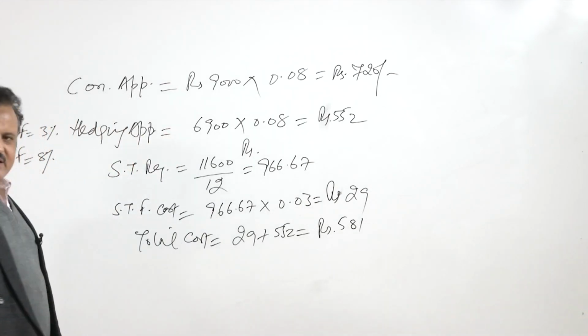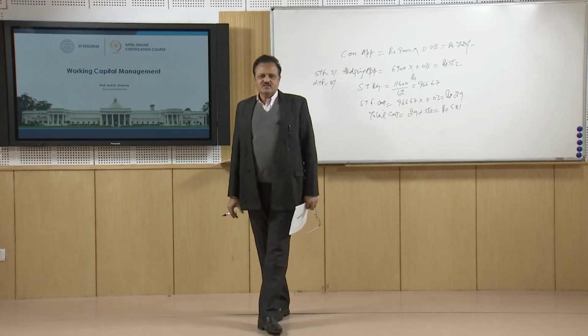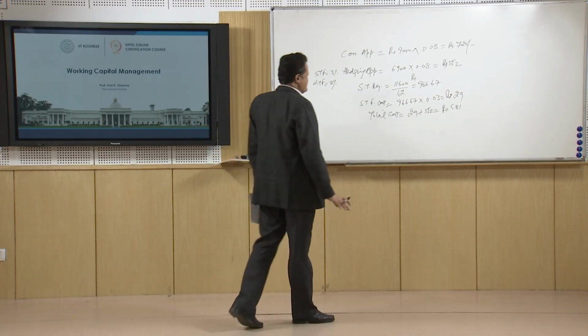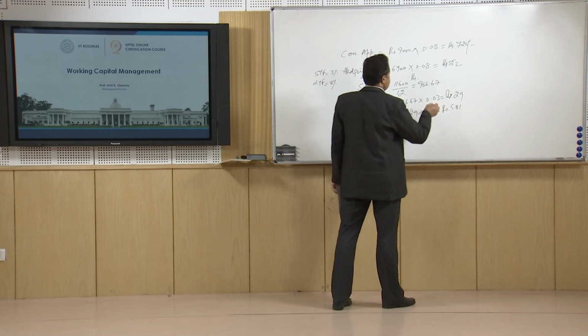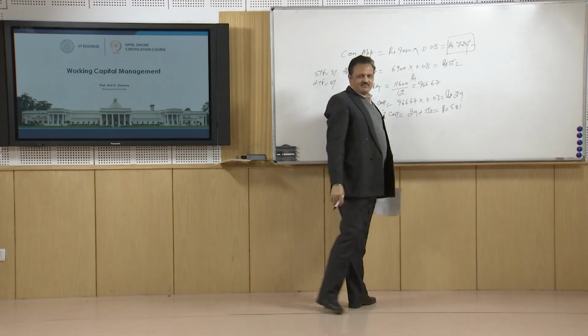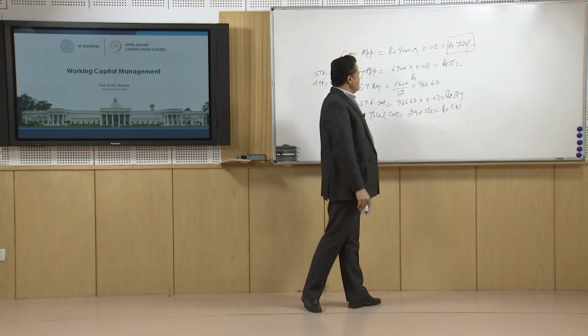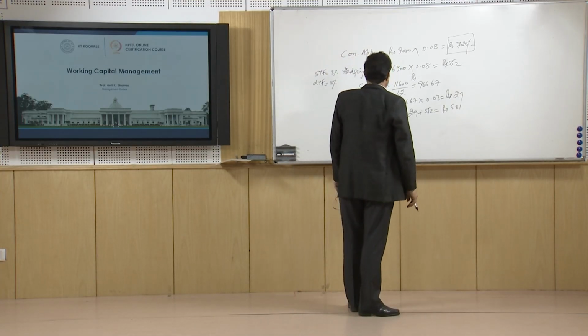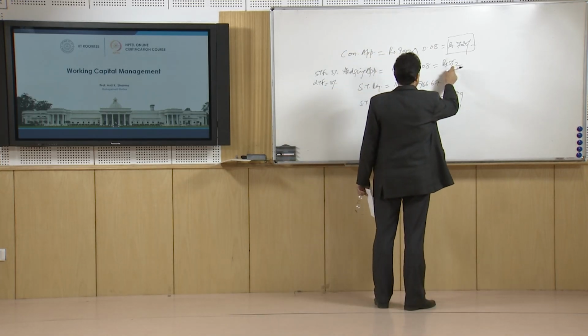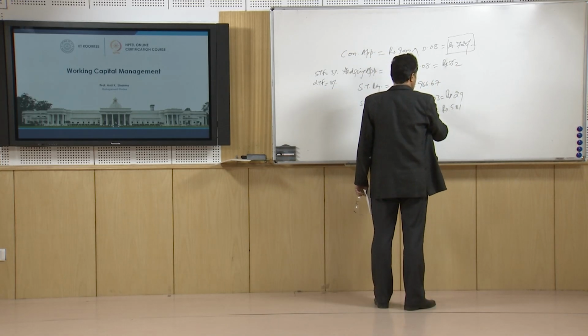And here we assume that aggressive approach is not so easy to be followed. So we have calculated the two costs. One cost is 720 under the conservative approach, if all the total funds come from the long term sources. And if we are following the matching approach, this part is coming from the long term sources, this part is coming from the short term sources.